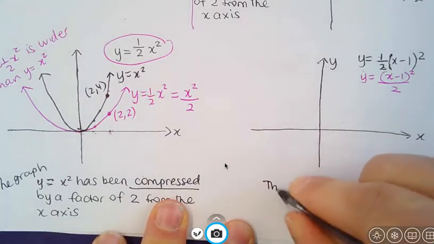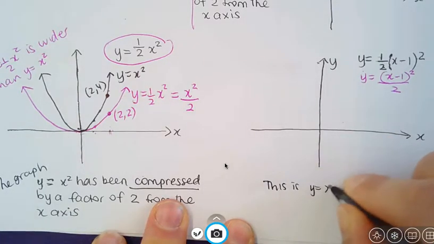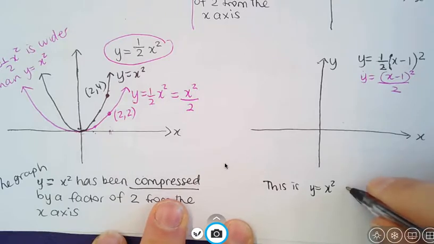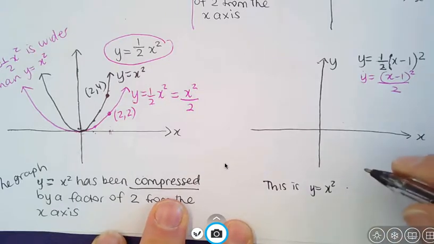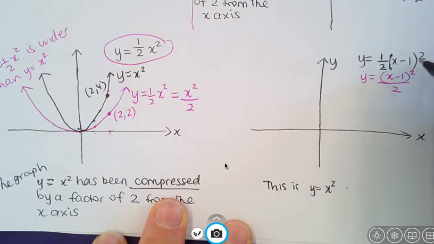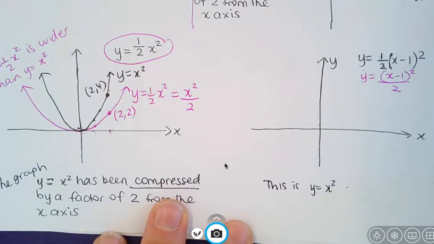So this is y equals x squared, compressed, and then shifted, or it doesn't matter. Shifted 1 unit to the right, because of the minus 1. It's the opposite. You look at the brackets and you say what makes x minus 1 equal to 0, and it's x equals 1.